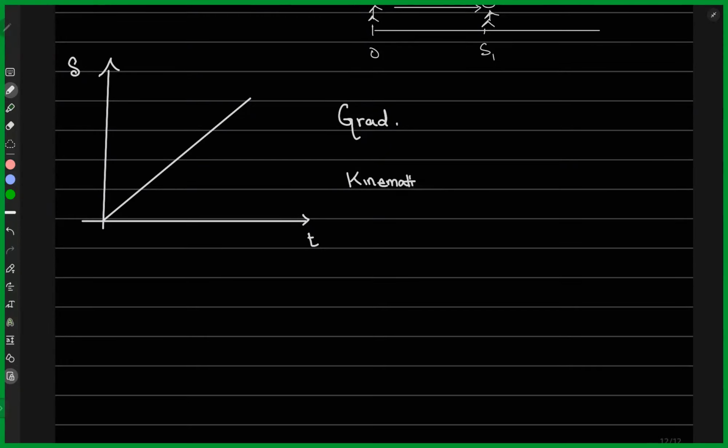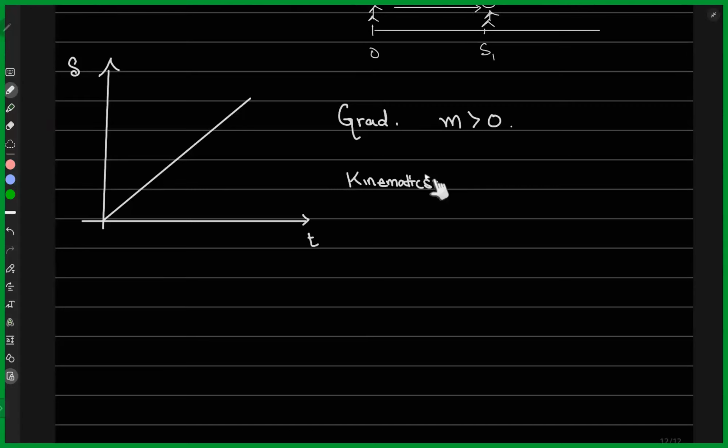The gradient of this line would be what? It is increasing, right? At every point, there is an increase in displacement as time increases. But the gradient is constant.